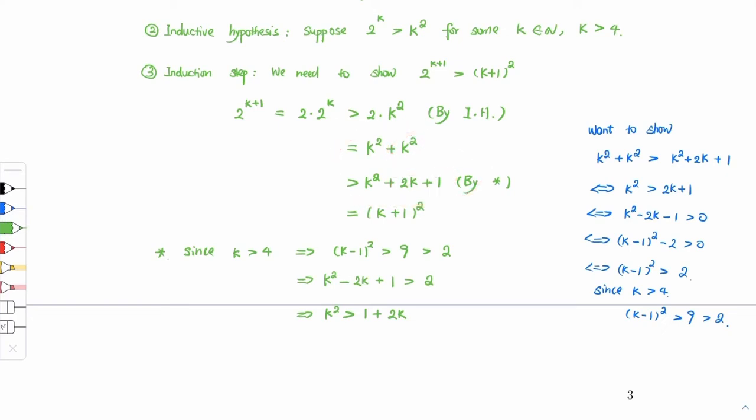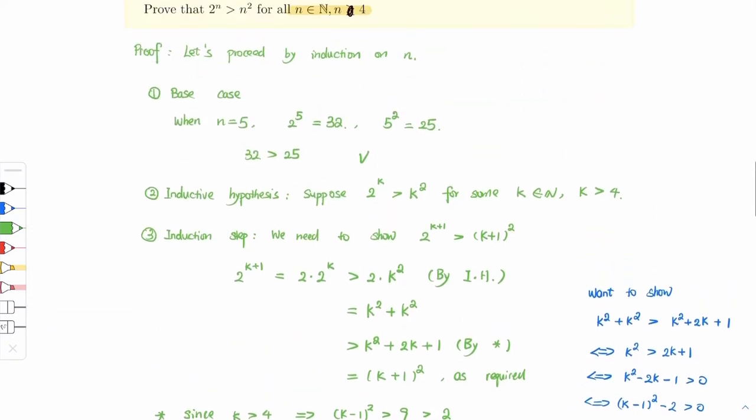That's my star. That's my side proof. So therefore, as required, by the principle of mathematical induction, we know that 2 to the n is greater than n squared for all n in natural numbers with n greater than 4. That's the first example.